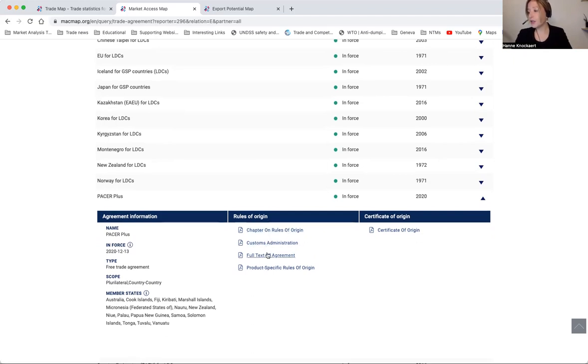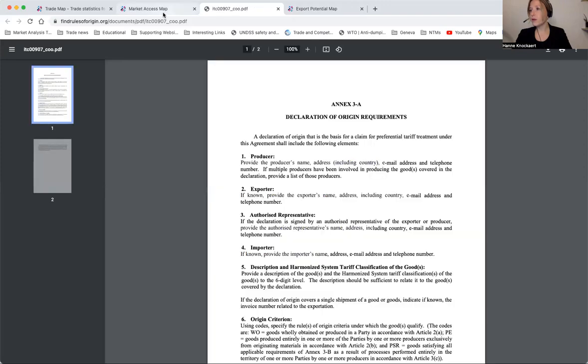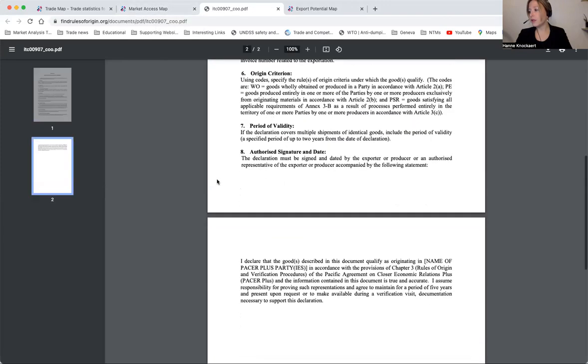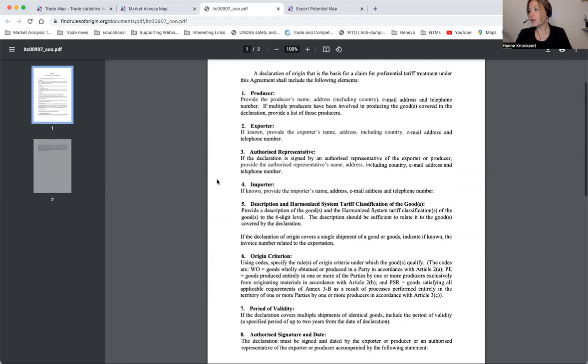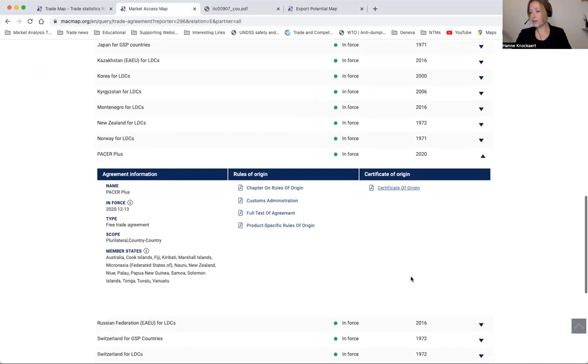From here, you go into, let me, yeah, these are the certificates of origin. It's the example of a certificate, but we need to, I cannot find the link.